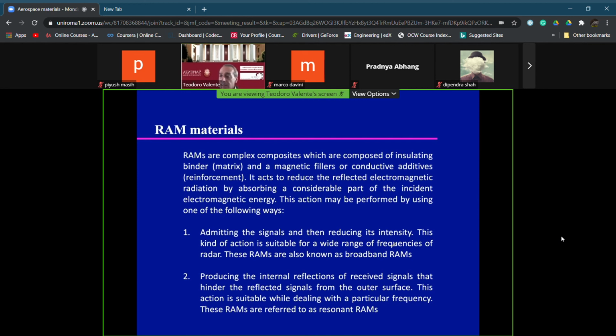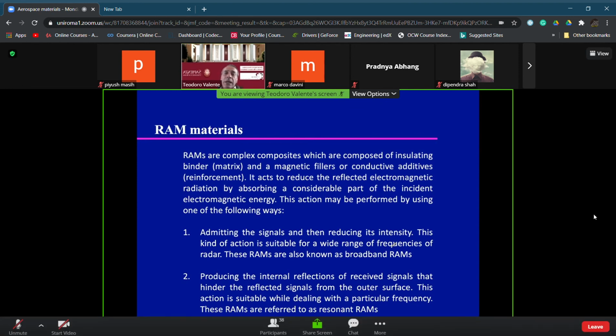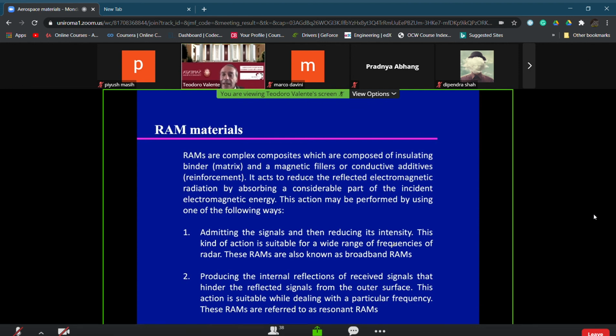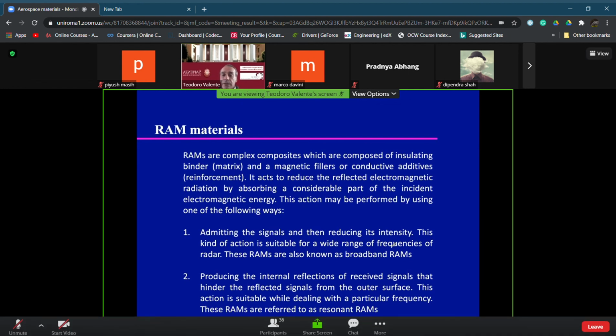That is, materials which can absorb electromagnetic energy not at only one value of frequency, but over a range of frequencies, that is, a range of wavelengths. And the second possibility is to produce internal reflection, internal to the material obviously, of the impinging wave, that is of the received signals, that can hinder the signals reflected from the outer surface.